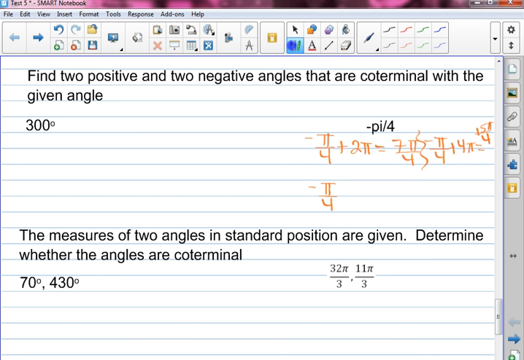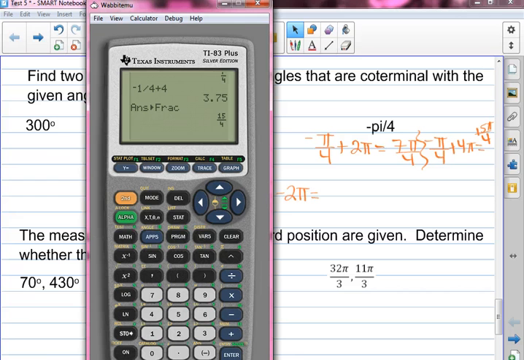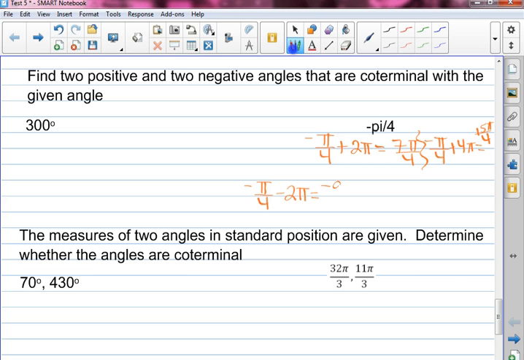Okay, then you need to subtract by multiples of 2 pi. So minus 2 pi, and you do this in your calculator, and remember you ignore the pi symbols. So negative 1/4 minus 2, and that gives you negative 9 pi over 4, and then negative pi over 4 minus 4 pi.